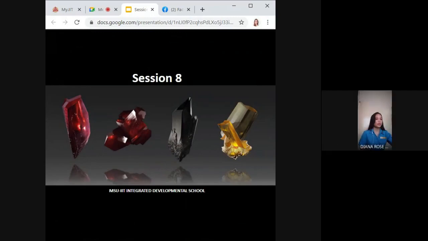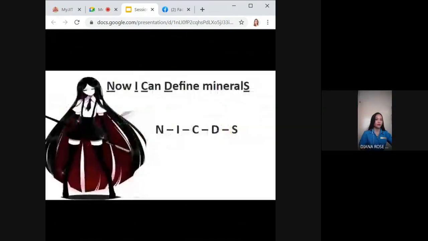So last week we tackled what a mineral is and how technology was used in the production of materials that come from it. So we are now in session 8. First, to easily define minerals, you just have to remember this. Now I can define minerals.